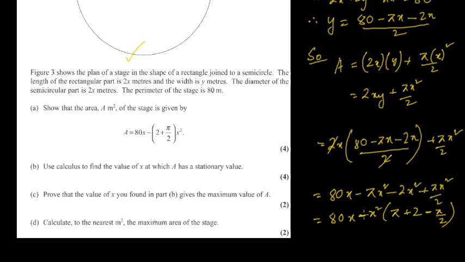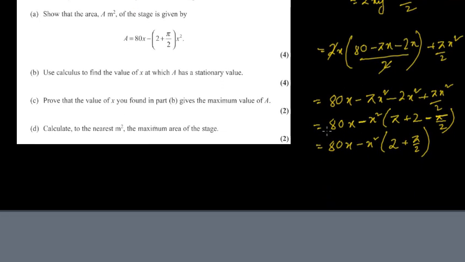This is what happens if you take minus common and x squared common. So we can write 80x minus x squared. Now pi minus pi by 2, this is 1 minus half, which is half. So we can write 2 plus pi by 2. So therefore it would be 80x minus (2 plus pi by 2) x squared. So this is how it is done.